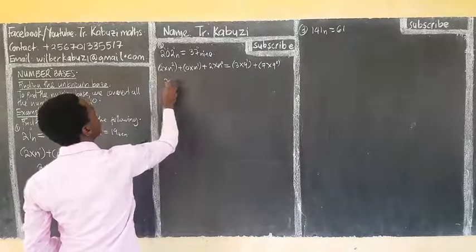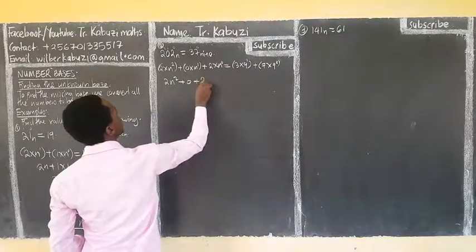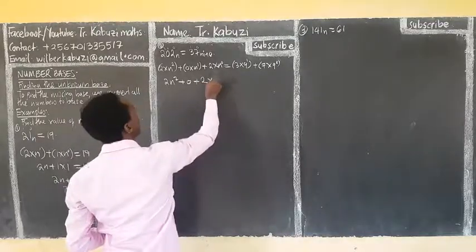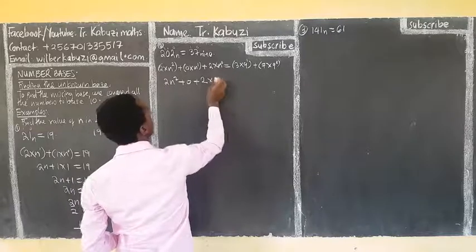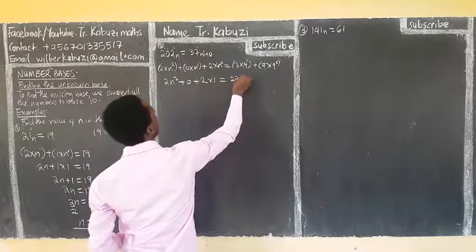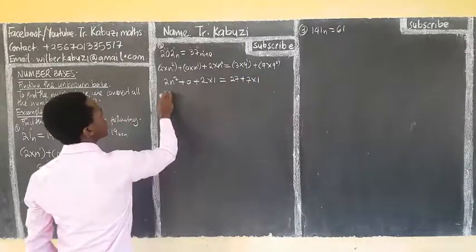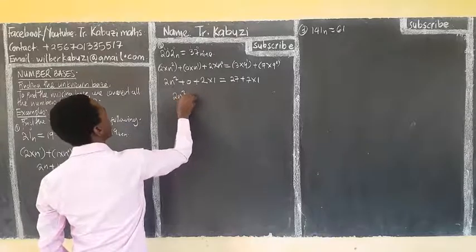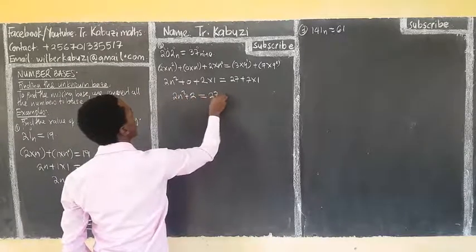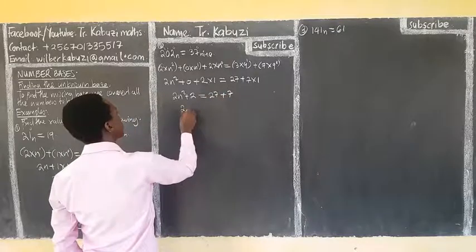So this would be 2n squared plus 0 plus 2, equaling 27 plus 7 times 1, since any number to power 0 is 1. So now this will be 2n squared plus 2 equaling 27 plus 7.